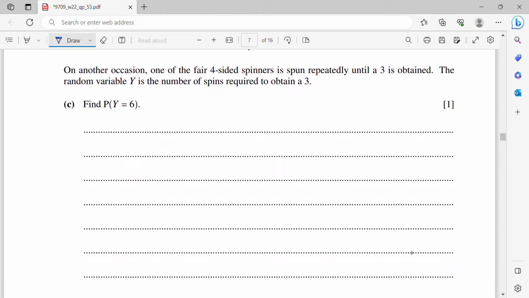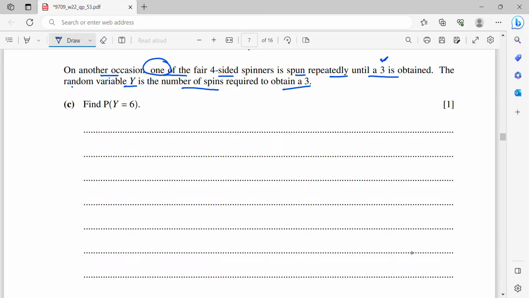Now, question C. On another occasion, one of the four-sided spinners is spun repeatedly, so only one, until a tree is obtained. The variable Y is the number of spins required to obtain a tree. So that means you spin until you get a tree. That means this is geometric distribution.